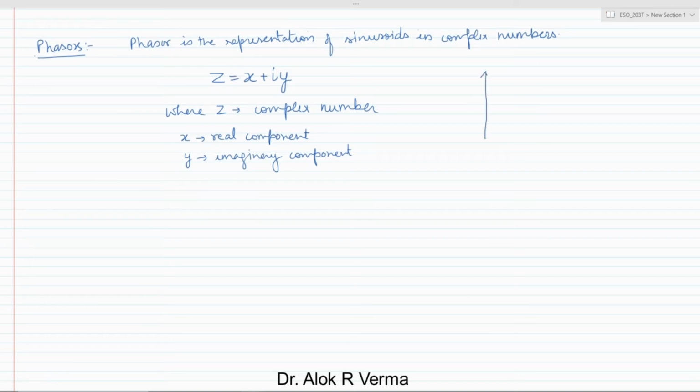If you want to represent the complex number Z, this is the real axis and this is the imaginary axis, so y will be here and x will be here, and this is nothing but Z. The magnitude of Z is the square root of x squared plus y squared, and the angle is tan inverse of y by x.